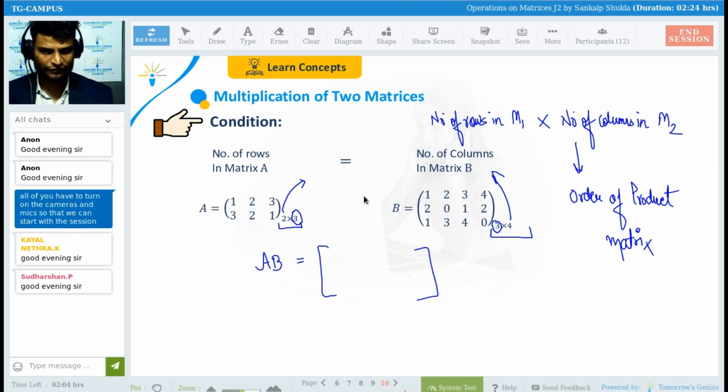Mic is also turned off, camera is also turned off. So there is no point. If I am going to see such kind of participants, I'll simply remove that. Okay, I have that power. I can remove the participants also. Yeah, I don't want to, but yes, you guys are making me do that. Okay.